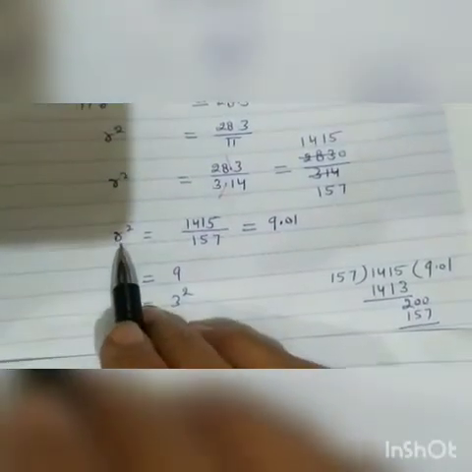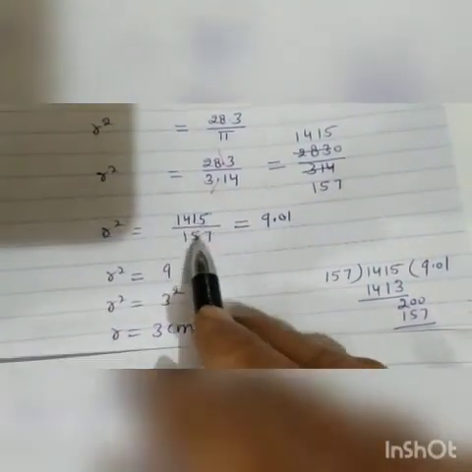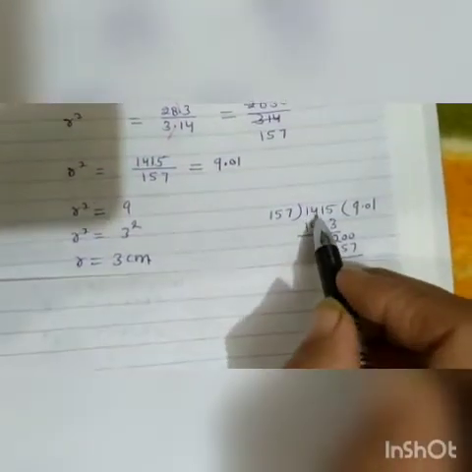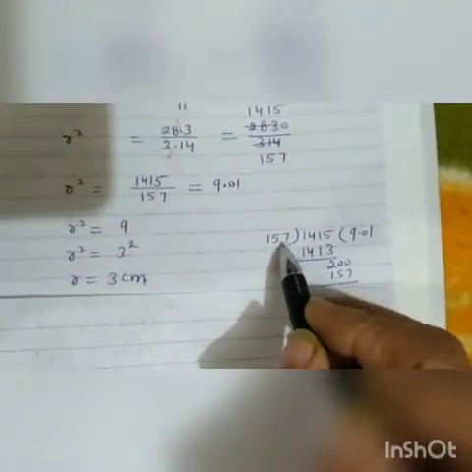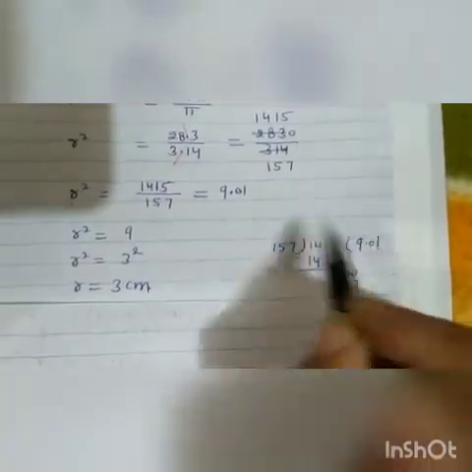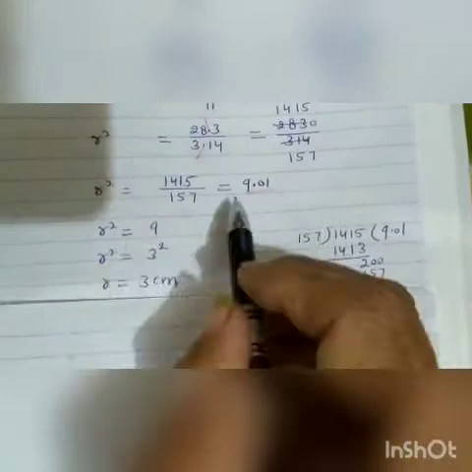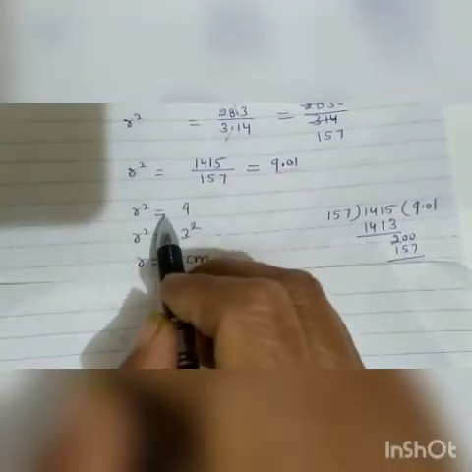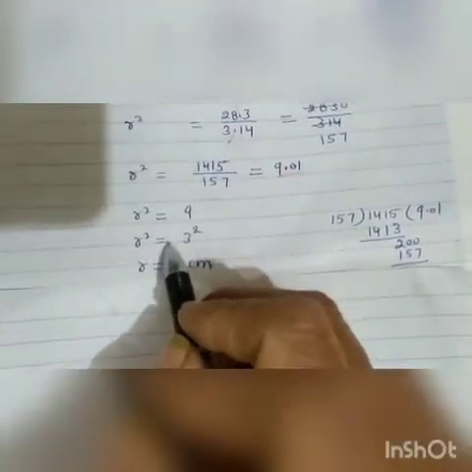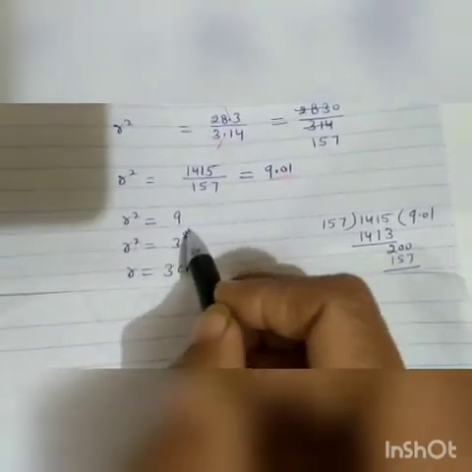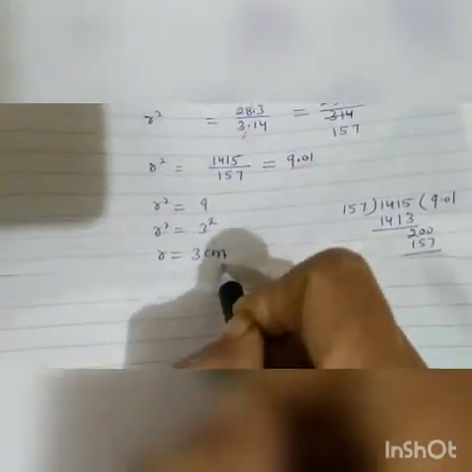Now r square is equal to 1415 upon 157. When we divide this 1415 by 157, we get 9.01. This 9.01 can be taken as 9. So r square is equal to 9. Then 9 is the square of 3. Square cancel. R is equal to 3 centimeter.